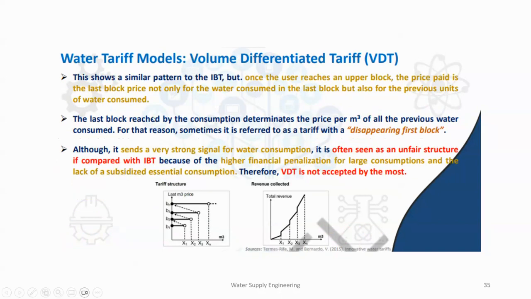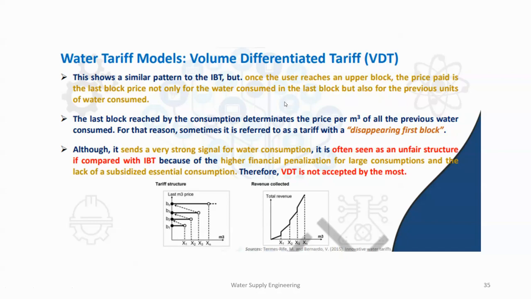So the next method is the volume differentiated tariff or VDT. This is also similar to IBT or increasing block tariff. But here the difference is that once we reach the highest block, the price that we pay is the last block price, not only for the water consumed but also for the previous units of water consumed.